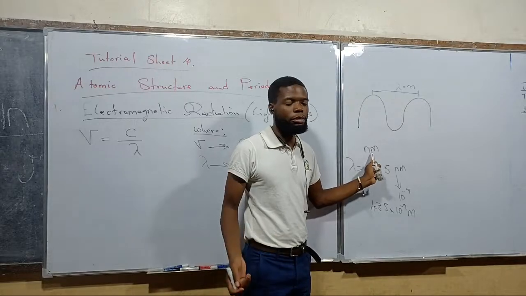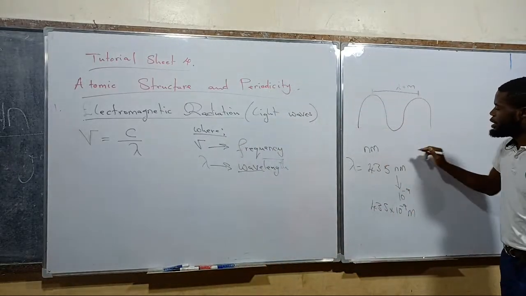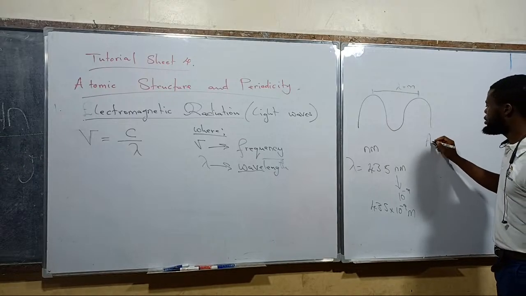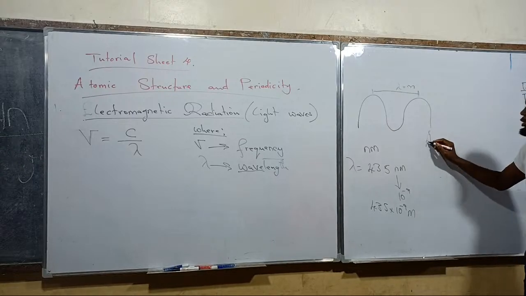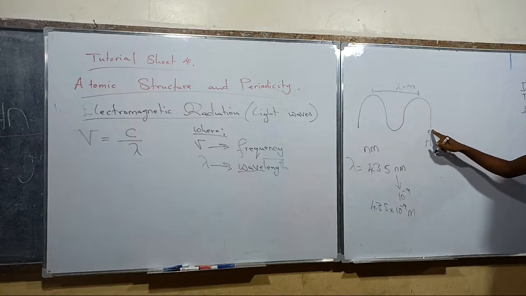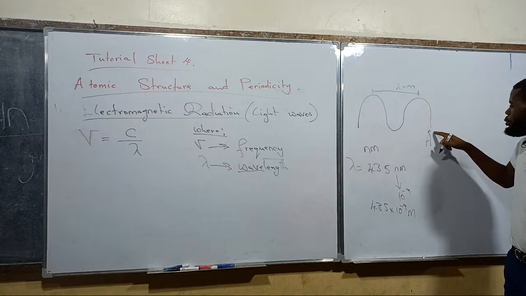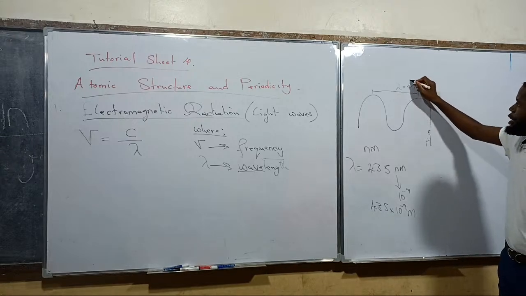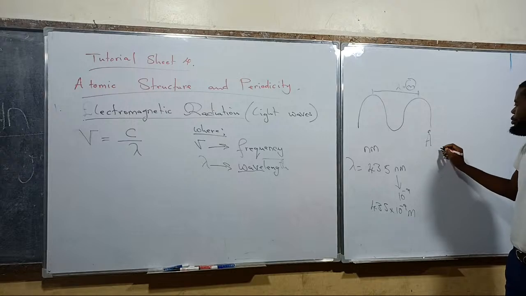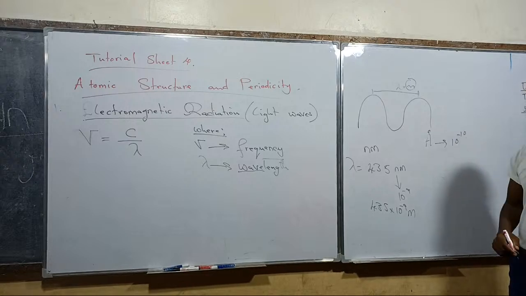So that's one of the ways they are going to give you the units, nanometers. And then the second unit that is commonly used is angstrom. Angstrom is just A with a knot on top. If you want to convert from angstrom to meters, angstrom is 10 to the power -10.